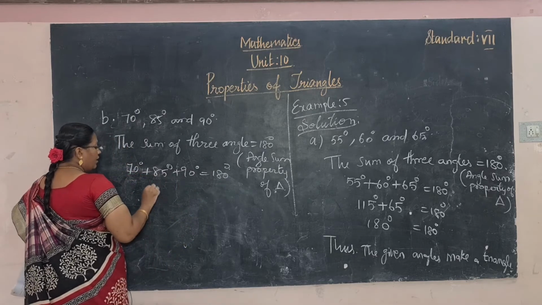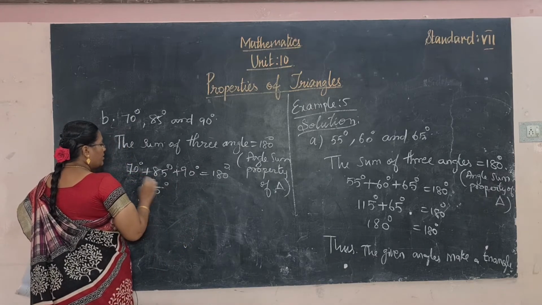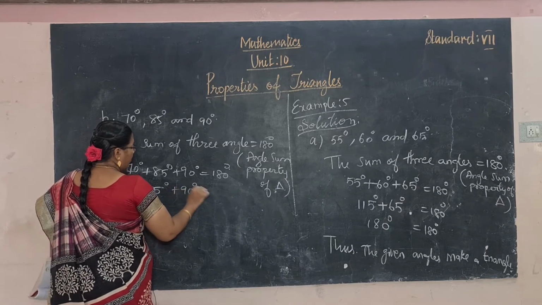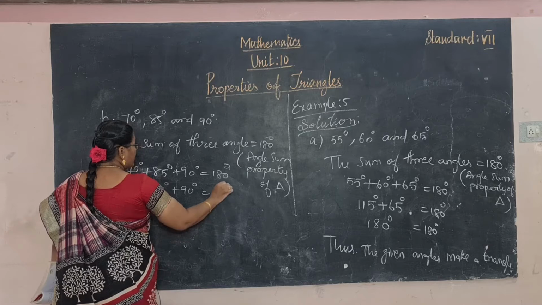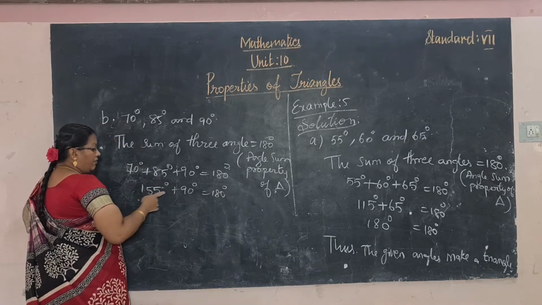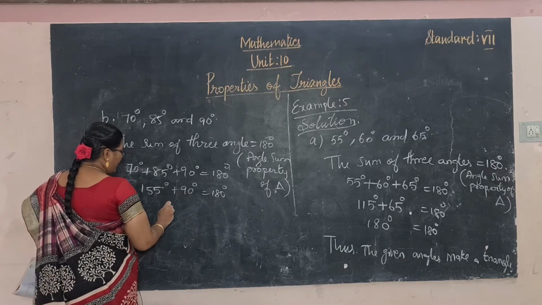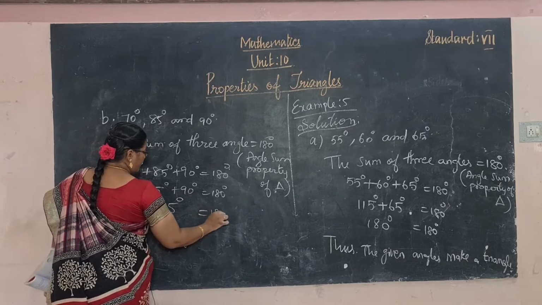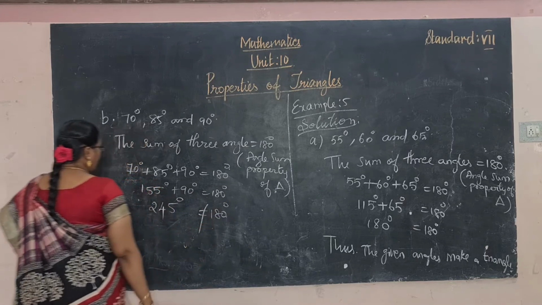Add 5, 15. Is it 155 degree plus 90 degree? Clearly observe from the statement, it is not equal. Here 155 degree plus 90 degree, what we get? So it's not equal.